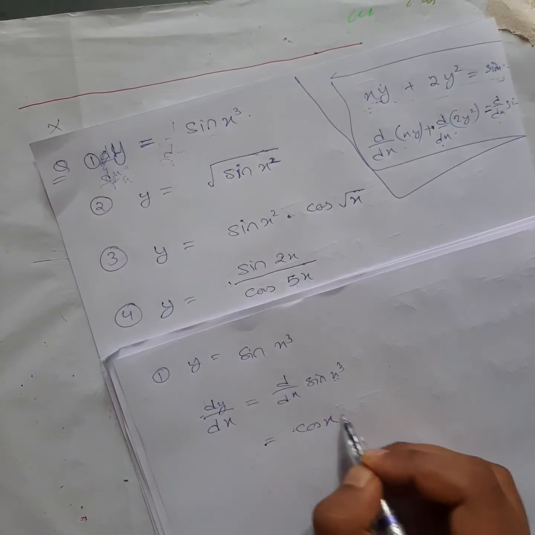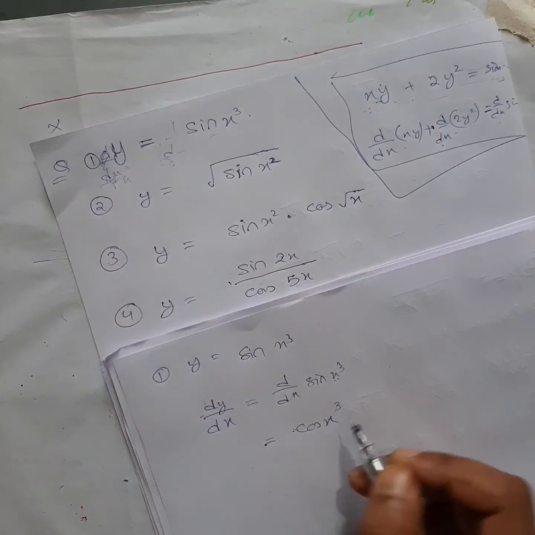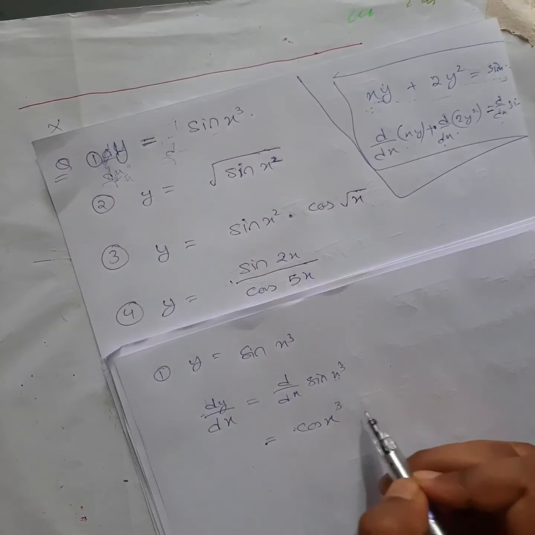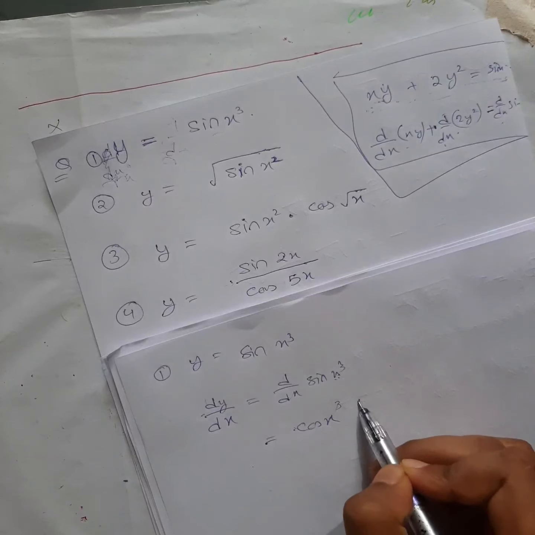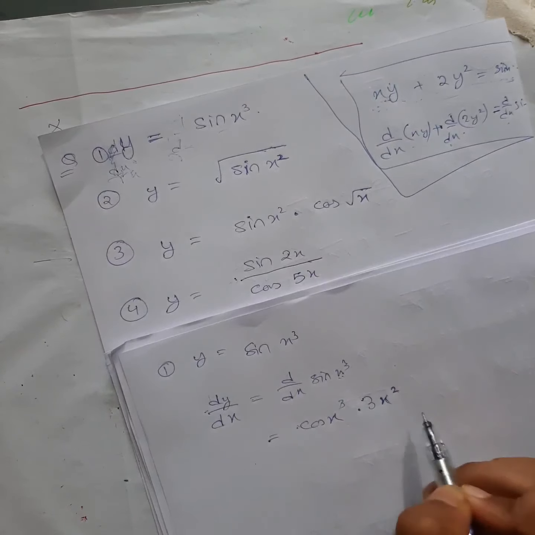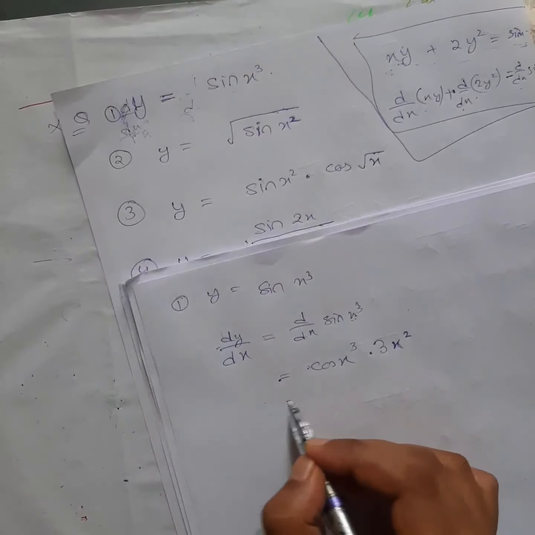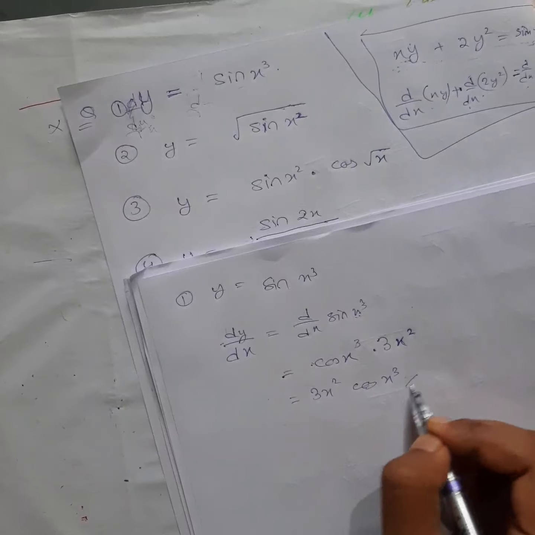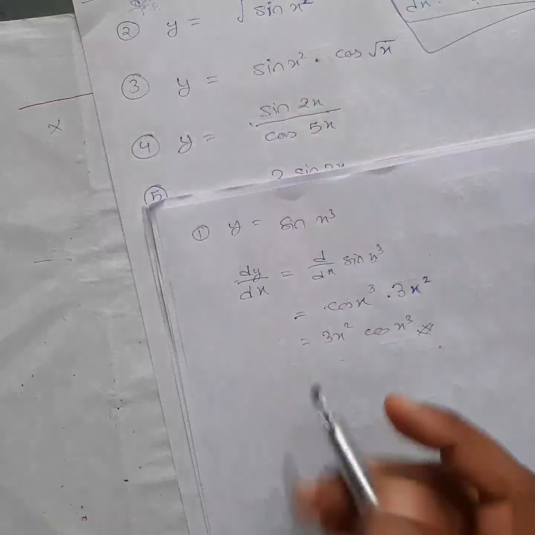Cos x, right? In place of x, x cube is there, so I'm writing cos x cube. Now x cube, in place of x this is there, so you have to differentiate that again. x cube, if you differentiate, what you will get? 3x square. So this will be your answer, 3x square cos x cube. You can cross check this answer with yours if you have done.